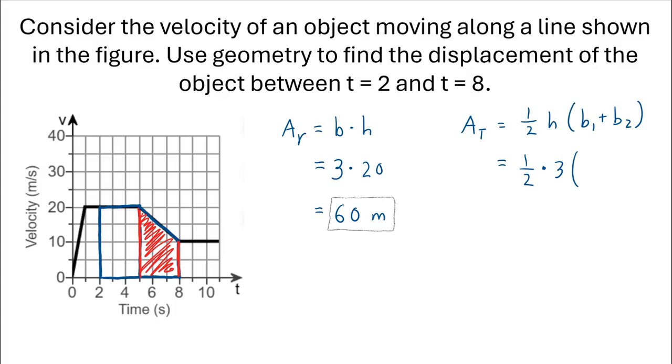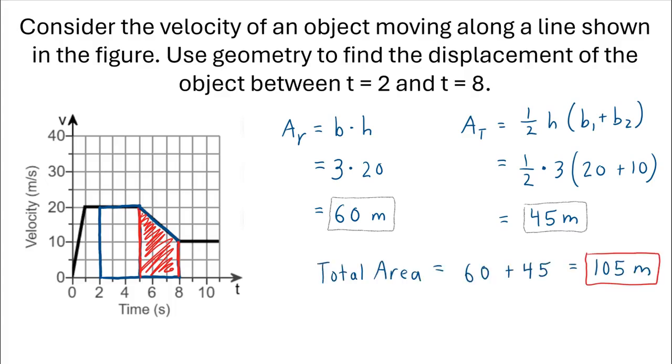And the bases have lengths of 20 and 10 respectively. 20 plus 10 is 30, so we have 1/2 times 3 times 30, which is 45 meters. Now to get the total displacement of the object between 2 and 8, we add the displacement between 2 and 5, the area of the rectangle, to the displacement between 5 and 8, the area of the trapezoid. So the total area or displacement is 105 meters.